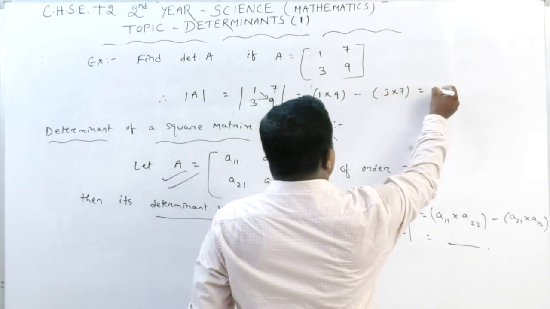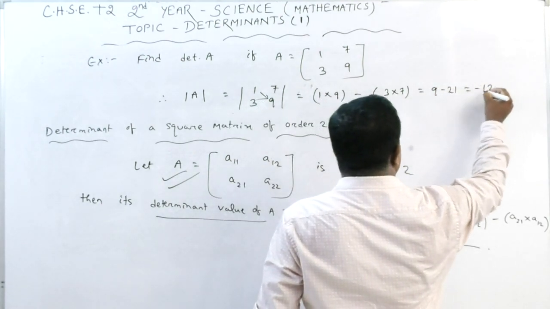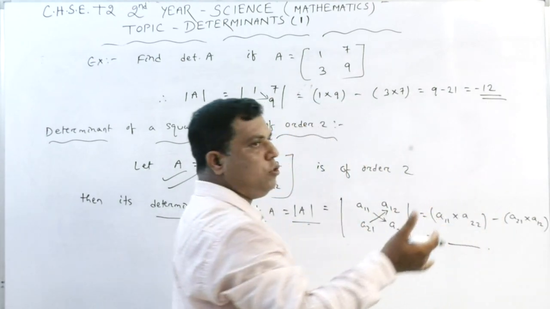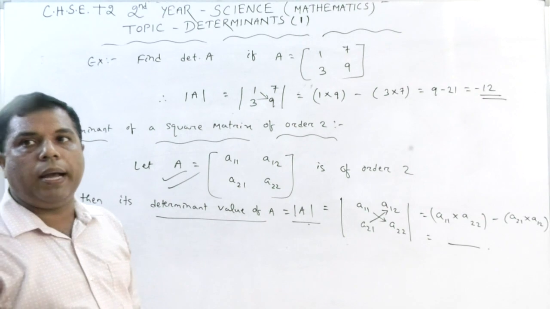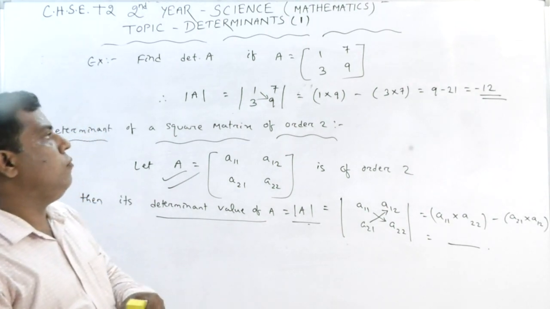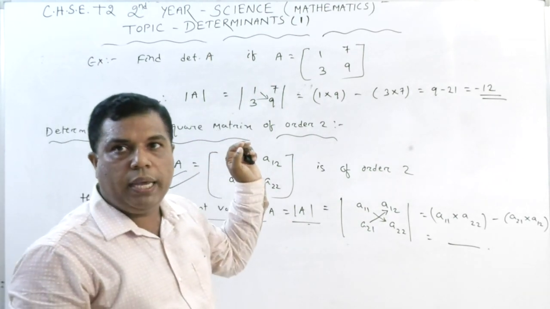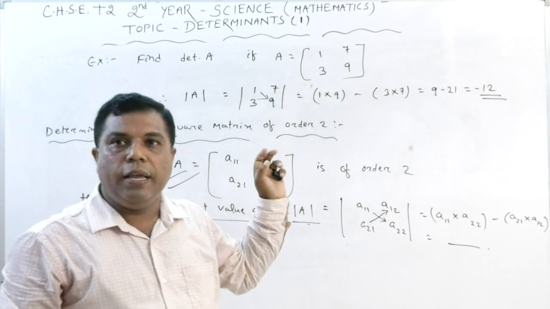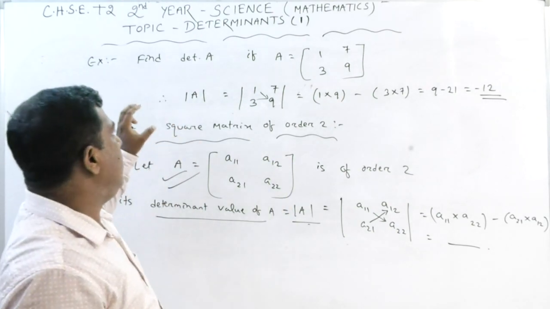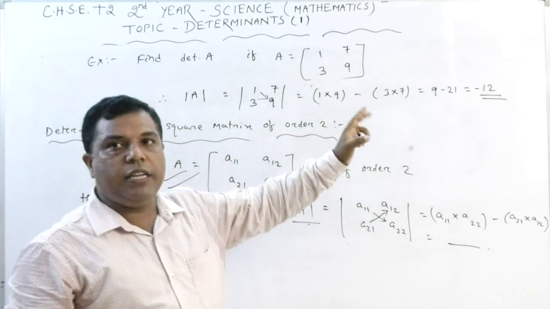So it is 9 minus 21, that is minus 12. This may be either a positive value or a negative value, but we can find the unique value which is called the determinant value for this matrix.